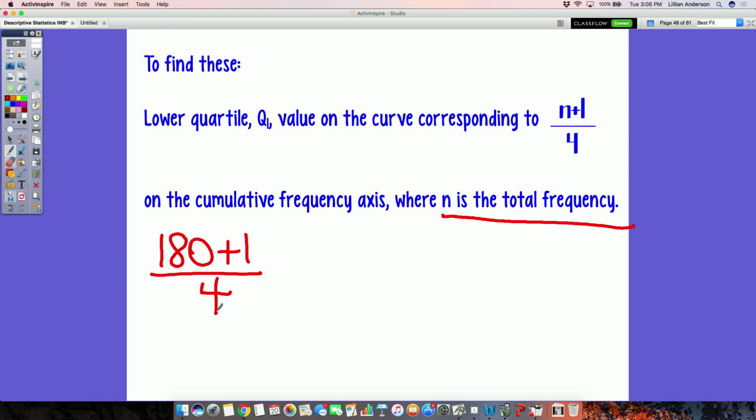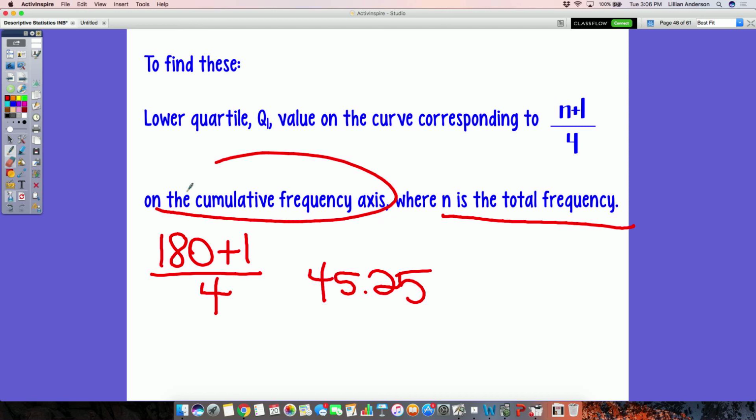What's 180 plus 1, or 181, divided by 4? 45.25. That does not represent your lower quartile. It shows you where to look on your cumulative frequency curve to find Q1. Okay? That's what this part means. Okay? So it corresponds to that value on the cumulative frequency axis.